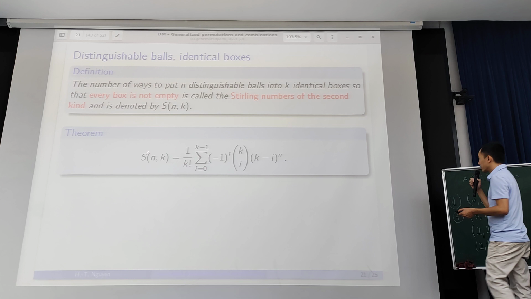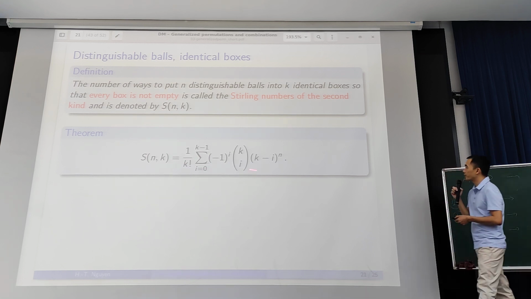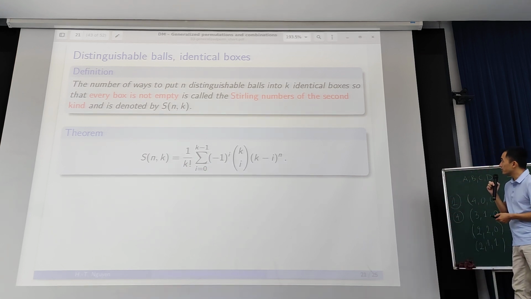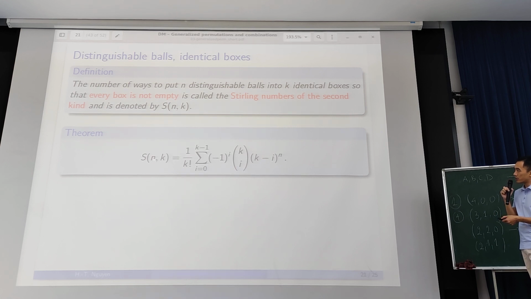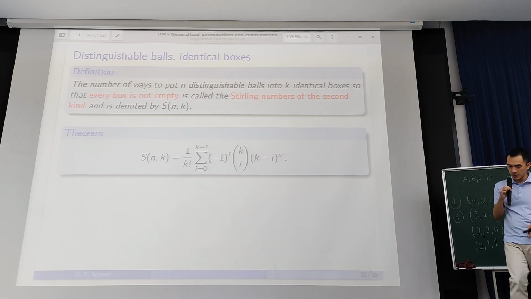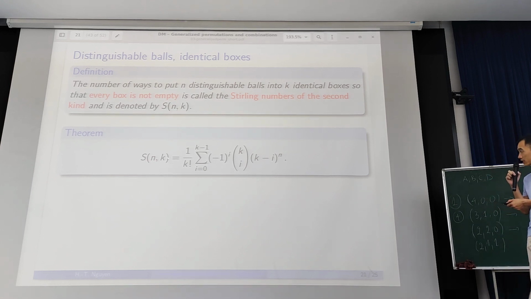This is the formula for the general Stirling number of the second kind. You must pay attention that this formula applies in the case where n is greater than or equal to k. If n is smaller than k, this number is 0.